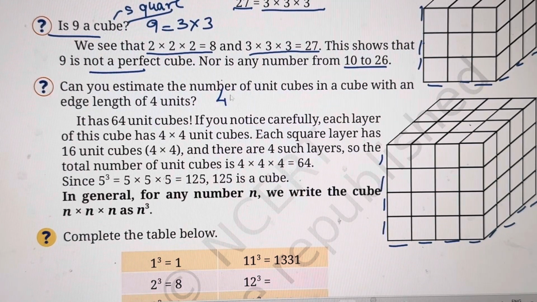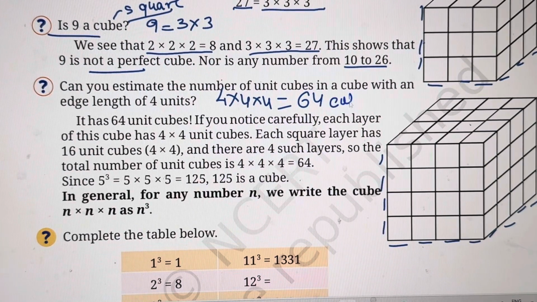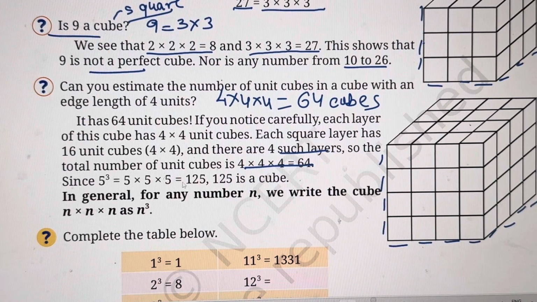So how do we get that? 4 into 4 into 4. So 4 4s are 16, 16 4s are 64 cubes, right? So 4 such layers you can see in this picture. Similarly, 5 cube means 5 into 5 into 5, that is 125. Again, 125 is a cube number, right?